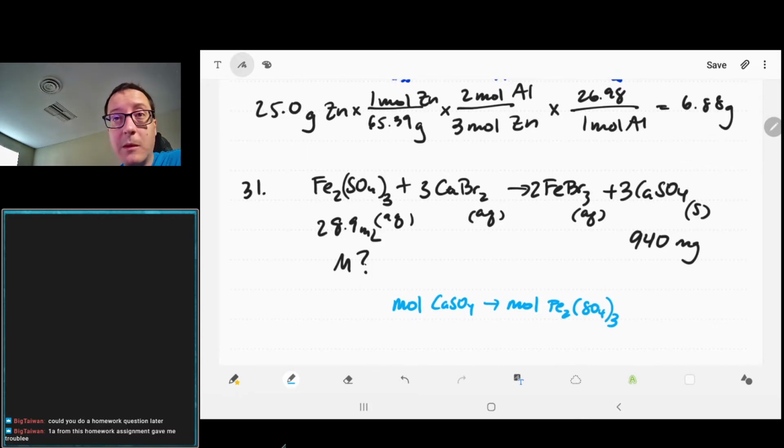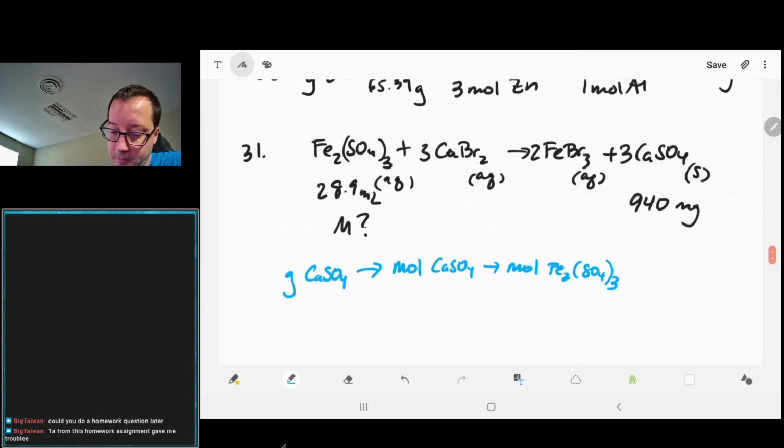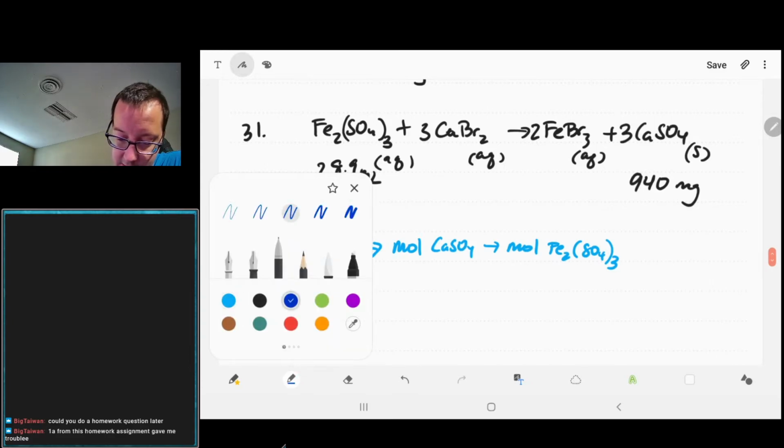And we're going to remember with this sort of thing, when we're calculating molarity, we're just going to want to stop at moles because we just have to do moles over liters in order to do this. And it looks like we're given grams of this, or milligrams, but we can very easily turn that to grams. So let's go ahead and do this.